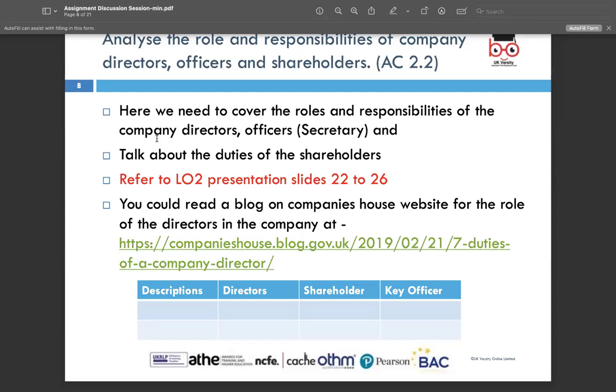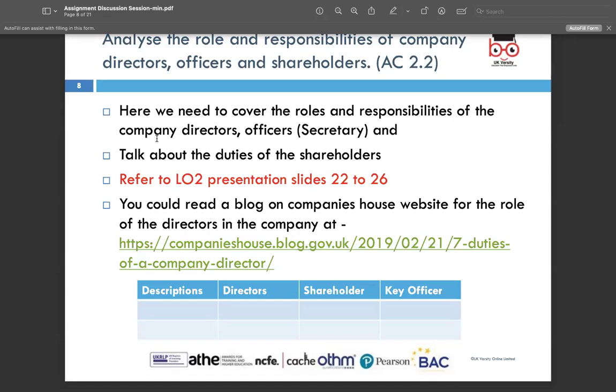Statutory duties: complying with the Companies Act 2006, including promoting the success of the company, ensuring the company's solvency, and maintaining proper accounting records. Officers, again, company secretary and also chief financial officers. The company secretary ensures compliance with statutory and regulatory requirements, advises the board, and maintains corporate governance.